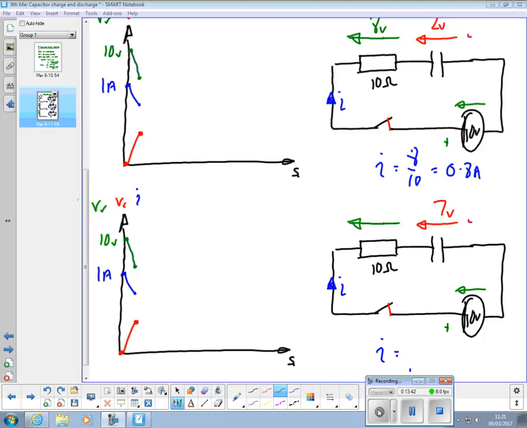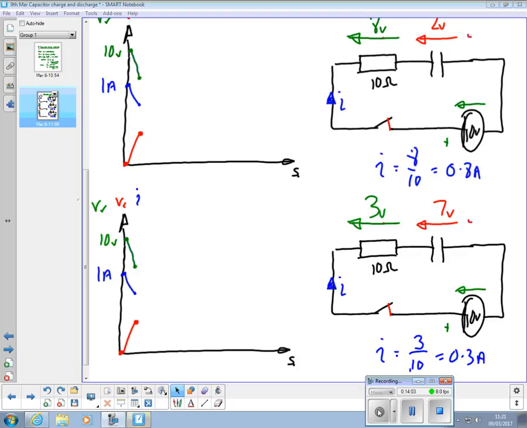Capacitor voltage has risen to 7 volts. What would be the resistor voltage now? 3. Okay. And the current? 3 volts over 10 equals 0.3 amps. Okay.